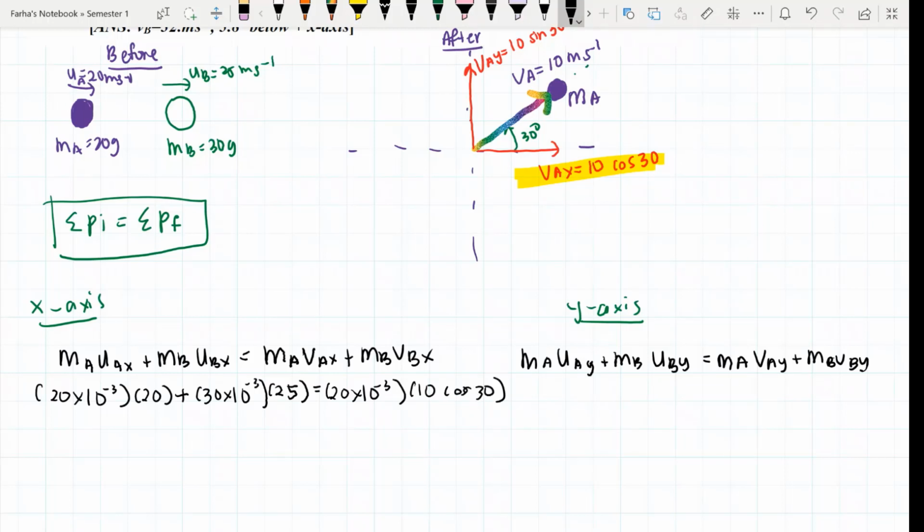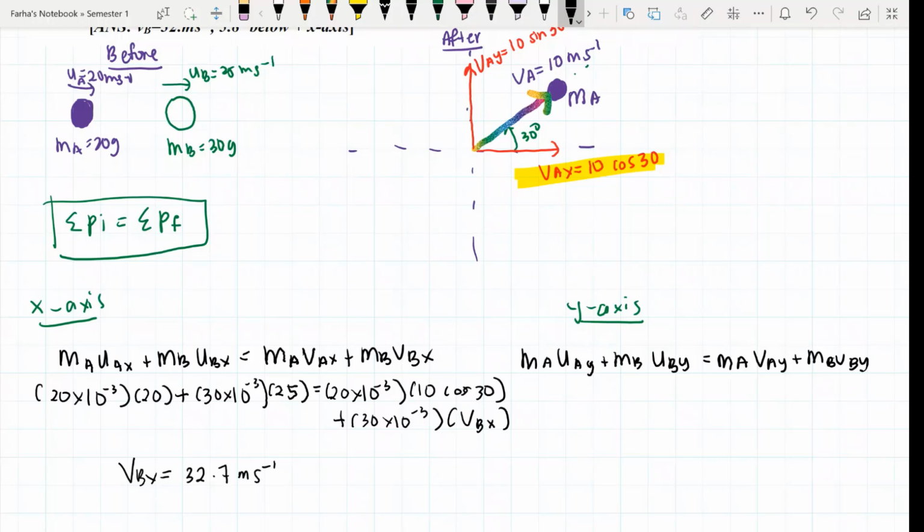Positif sebab direction is to the right. Kemudian VBX, saya tak tahu, so saya just tambah dengan MB. MB kita tahu 30 power of negative 3, dan letak saja VBX, sebab saya tak tahu VBX tu kat mana sebenarnya. Dan saya calculate VBX equals to 32.7 meter per second.